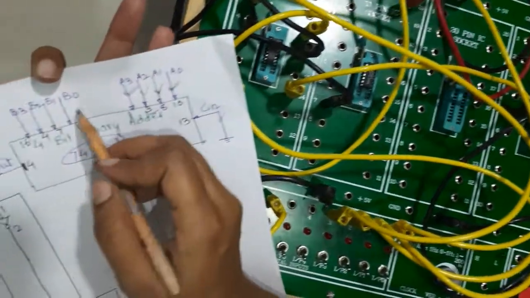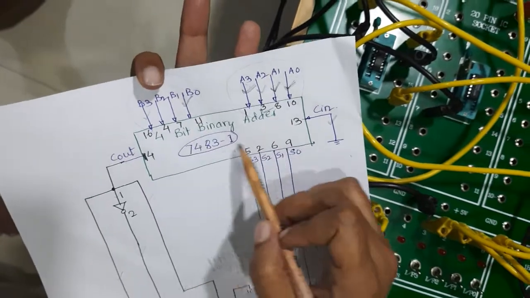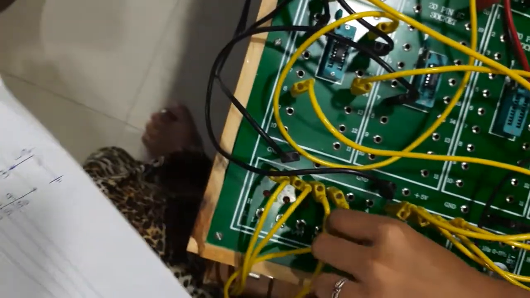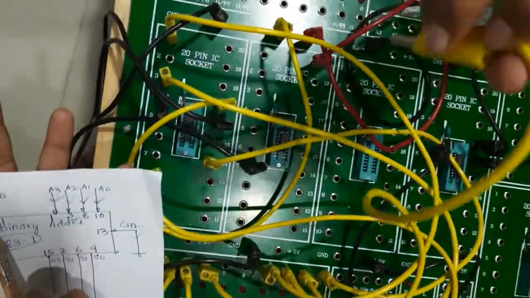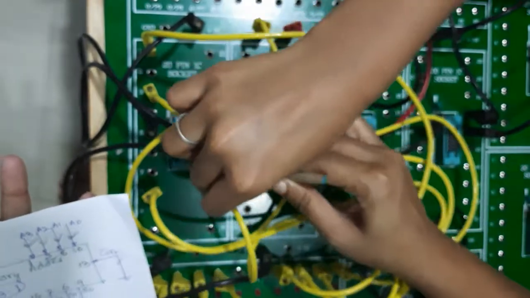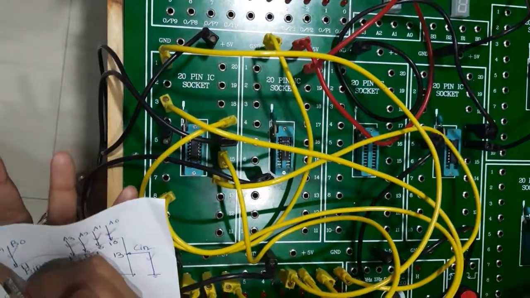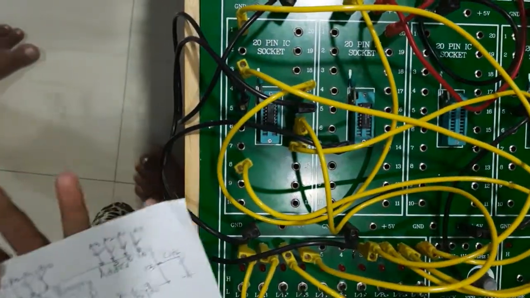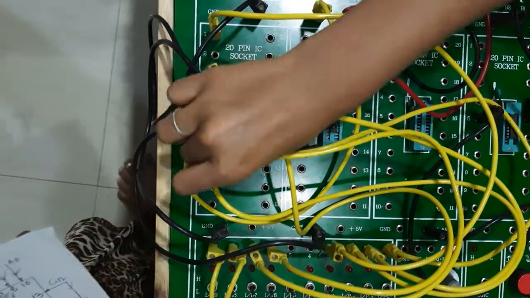Talking about the second number, B0 is to be connected to the 11th pin of the first binary adder. So this is my B0 pin. B0 is to be connected to 11. So 8, 9, 10 and 11. So here it is to be connected. Okay. Then B1 is to be connected to the 7th pin of the first binary adder.